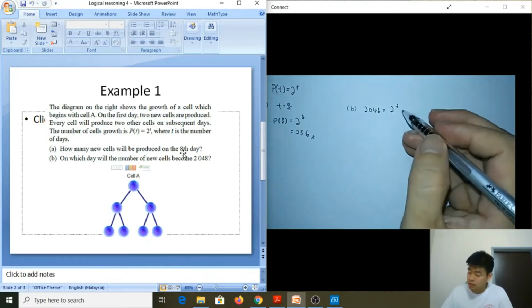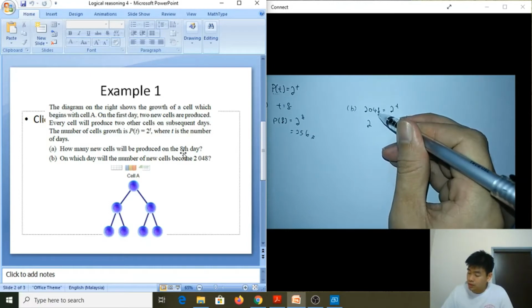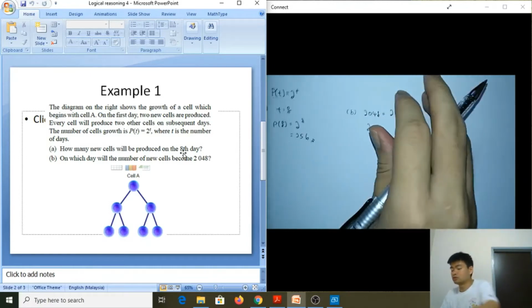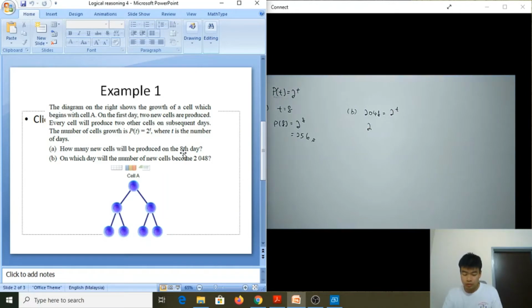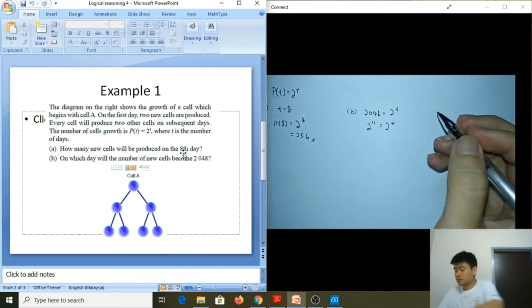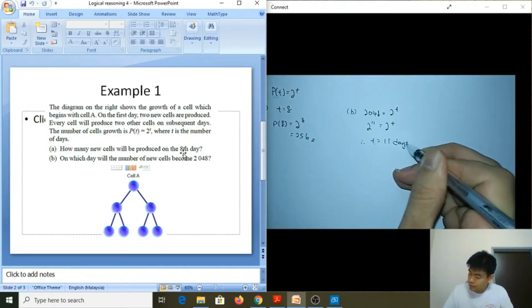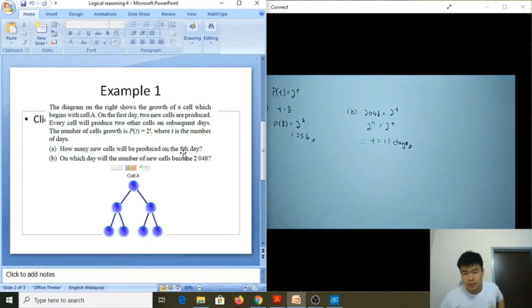So you can use your calculator and do trial and error to see which power of 2 equals 2048. 2 to the power of 11 equals 2048, which equals 2 to the power of t, so t equals 11. So on the 11th day, the number of cells will reach 2048. So this is the answer for example 1.